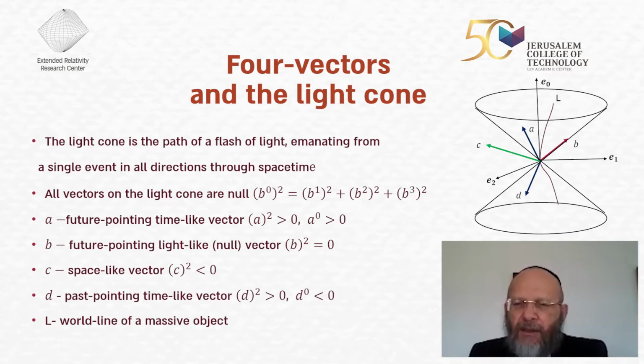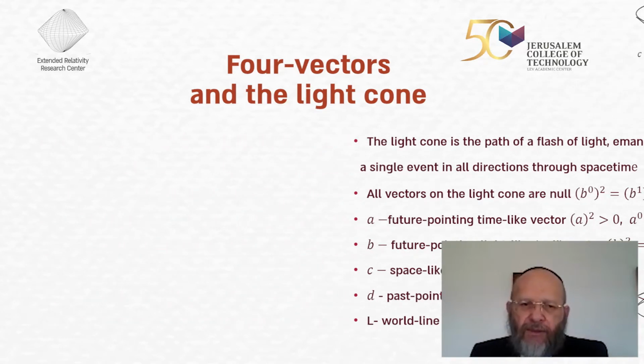This is true only for massive objects. A massive object always moves slower than the speed of light. Light is composed of massless objects, and therefore the massless ones move on the light cone. Massive objects move inside the cone.